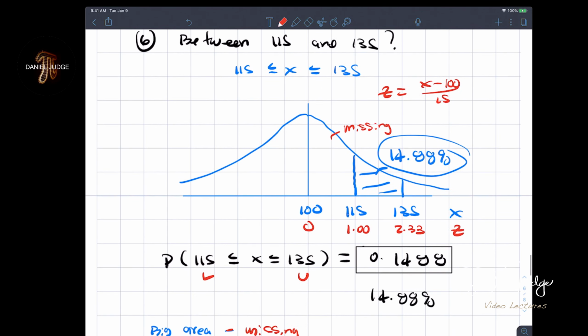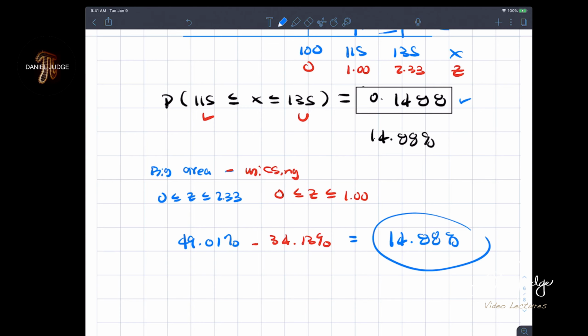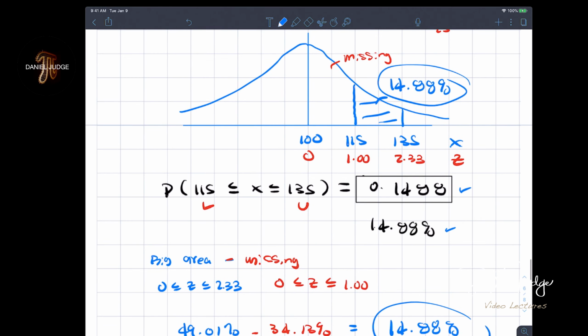Wow. So if I go back and compare with the TI, that seems to be what we got earlier, 14.88%.